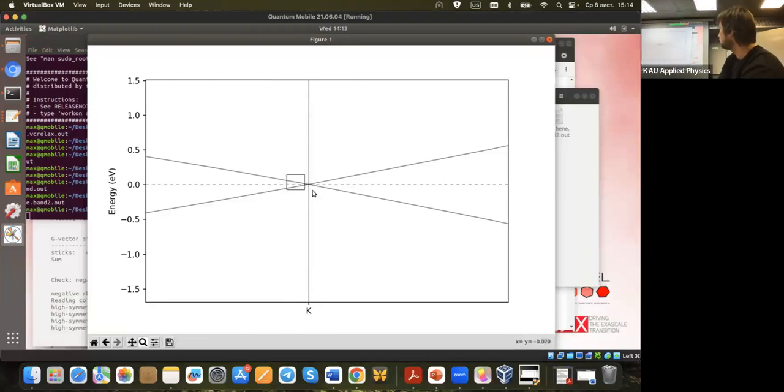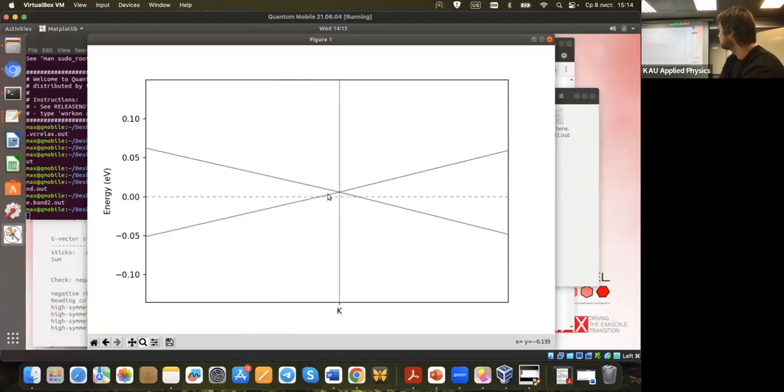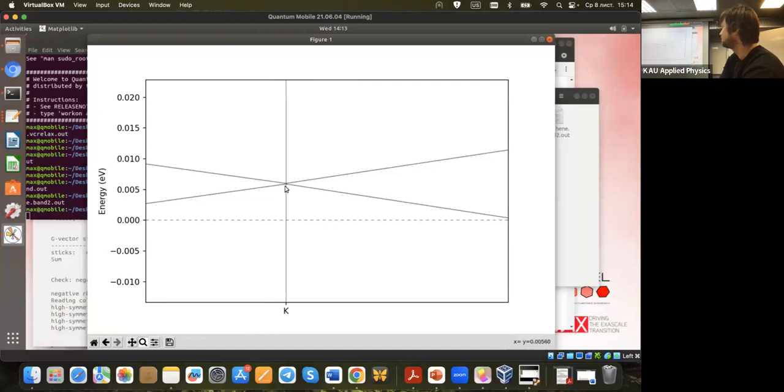If I zoom in very close, you see it slightly deviates on this line at Fermi energy, but it means that we didn't take enough accuracy, we didn't take a good potential. We just used the LDA functional for this, but we had to use some slightly more advanced functionals.